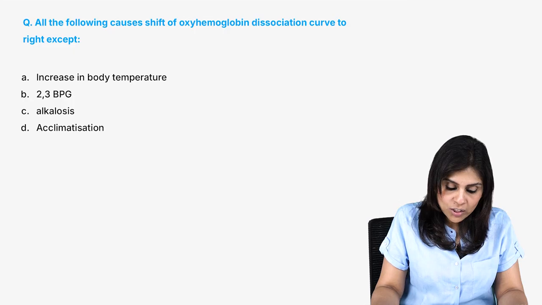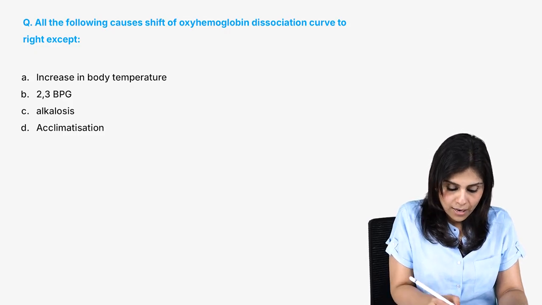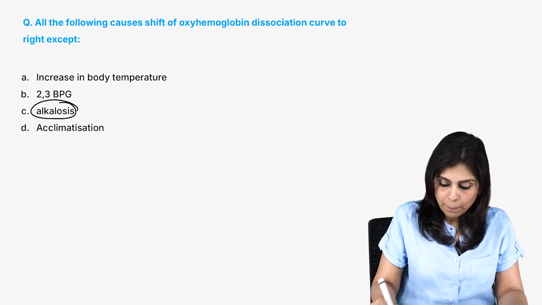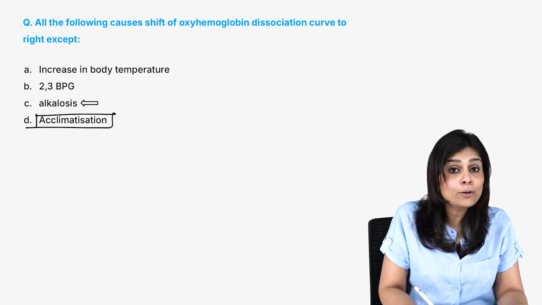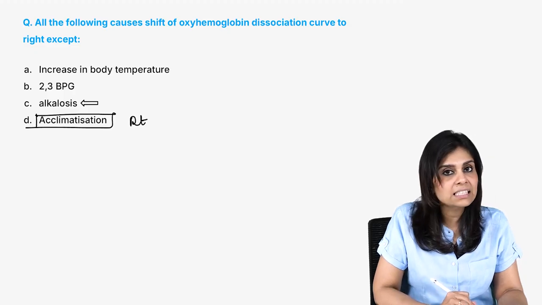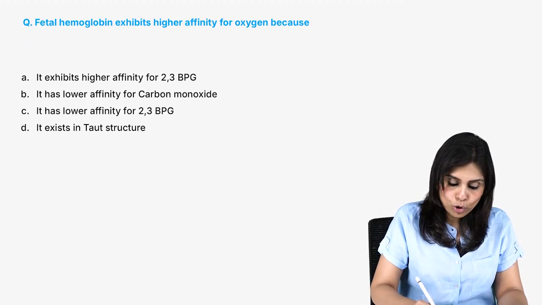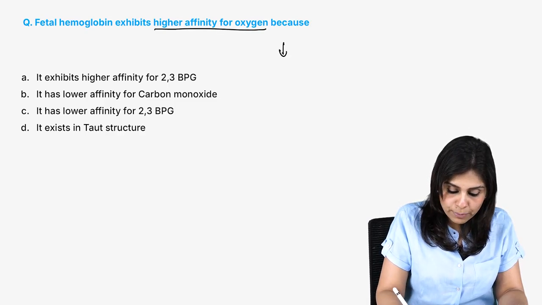All the following cause shift of the oxyhemoglobin dissociation curve to the right except. Again, alkalosis. But here, you should know acclimatization, in spite of there being alkalotic pH, shifts the curve to the right. Fetal hemoglobin exhibits higher affinity for oxygen because it exhibits lower affinity for 2,3-BPG.